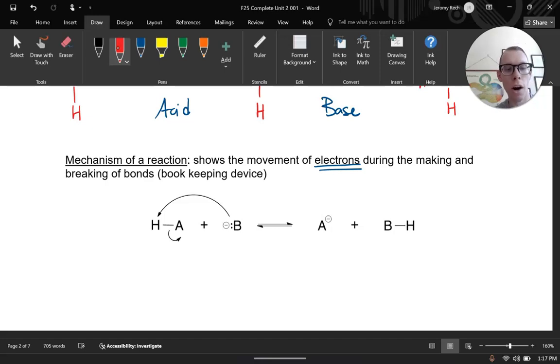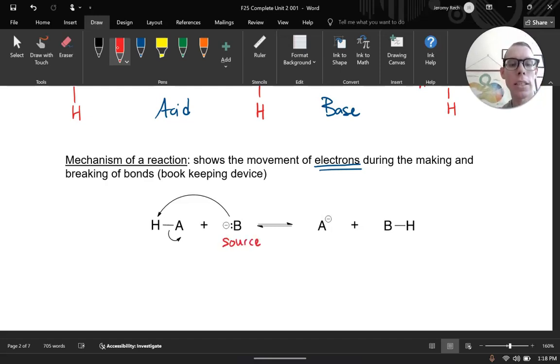It's our bookkeeping approach, where we see where electrons go from our starting materials to our products. And if we think of a few terms we used back when we were talking about resonance, we're going to have a sink and a source. Our source is where our arrow starts, where our electrons are.